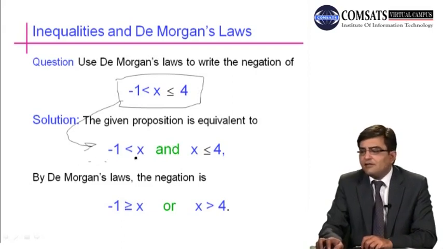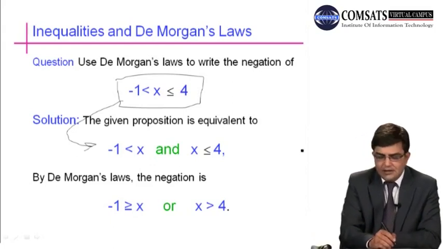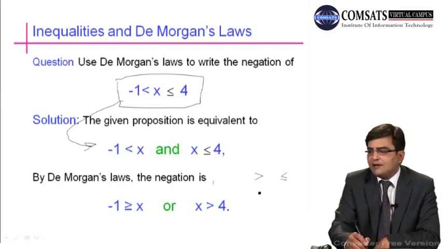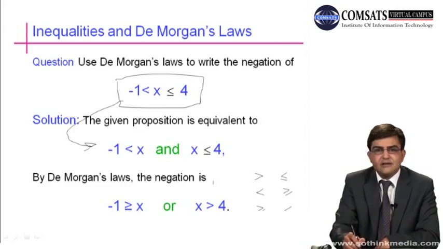We know that the negation of minus 1 less than x will be minus 1 greater than or equal to x, because as we know, in mathematics the negation of greater than is less than or equal to, and the negation of less than is greater than or equal to. Similarly, the negation of greater than or equal to will be less than, and the negation of less than or equal to will be greater than.